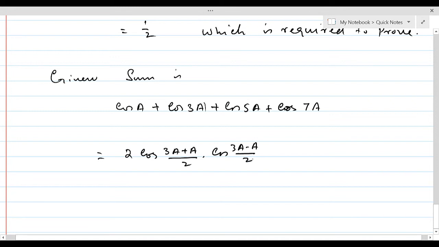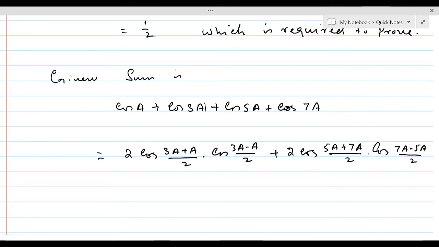This is the formula for cos P plus cos Q. And similarly, if we apply the same formula on the last two, we will have 2 cos of (5A plus 7A) by 2 into cos of (7A minus 5A) by 2. It doesn't make a difference if you take 5A minus 7A, because cos is an even function and it's still going to become positive.